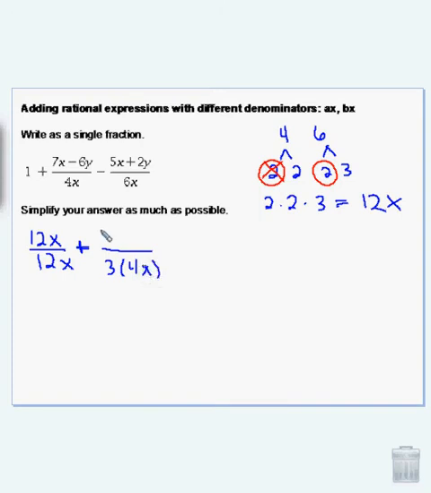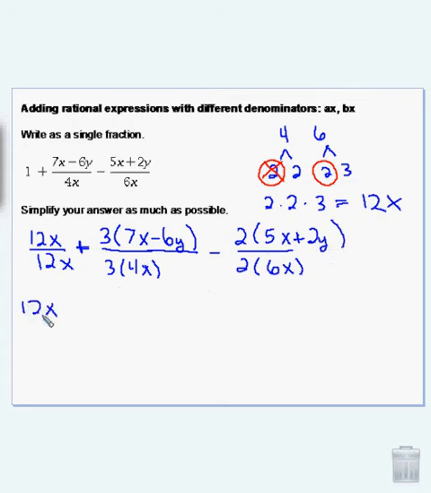Well, if I multiply my denominator by 3, I also need to multiply my numerator by 3. And to turn a 6x into 12x, I need to multiply by 2. So I also need to multiply my numerator by 2.